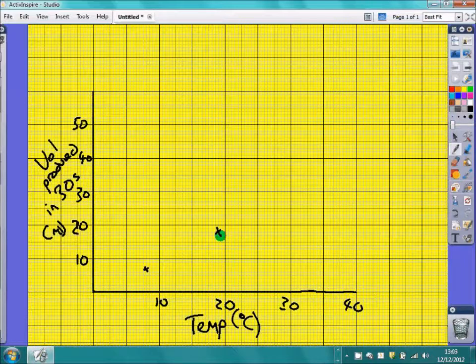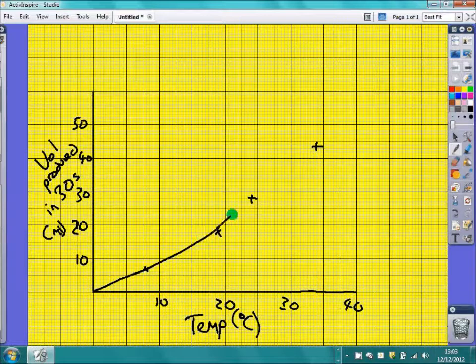For 24 degrees C, I have 28 ml. And for 34 degrees C, I have 44 ml. So you can see, once again, as the temperature goes up, the volume produced in 30 seconds of carbon dioxide also goes up.